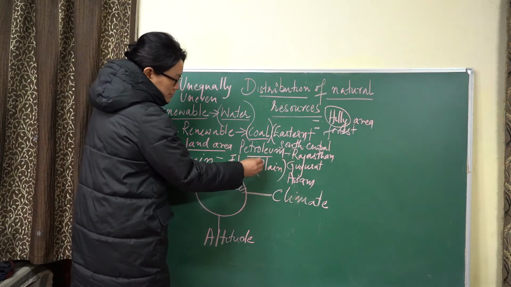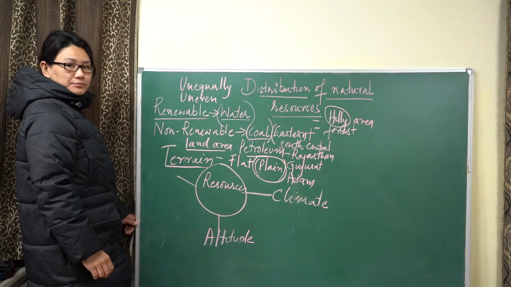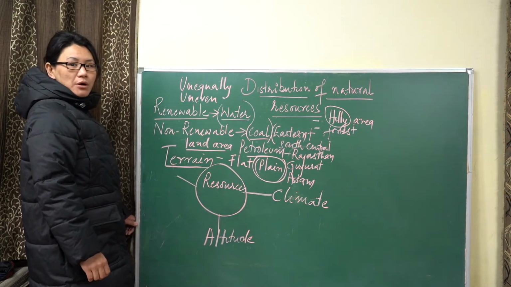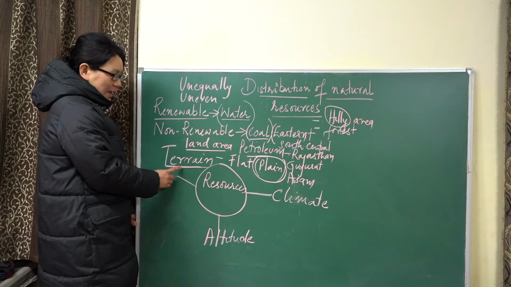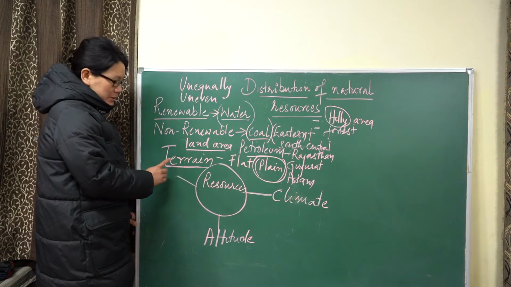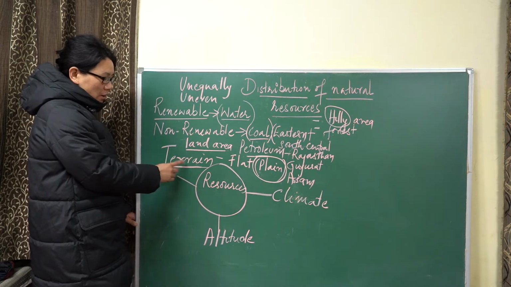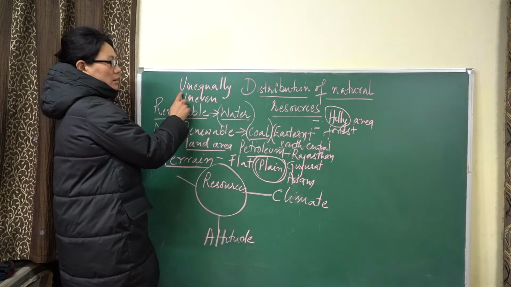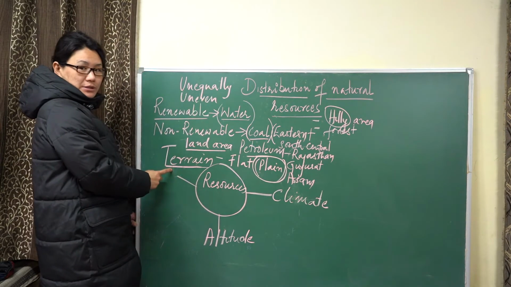In some parts of India, we find only plain area. Some parts of India have abundant forest resources. So, as I said, parts of India have different terrain. And it is because of this terrain that resources are distributed unequally. This is one factor.